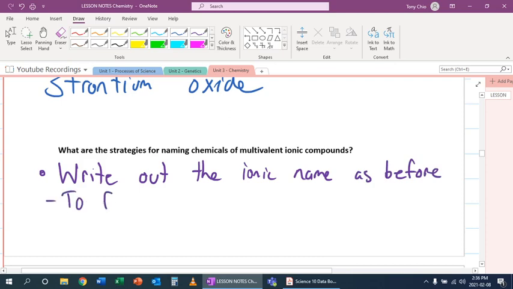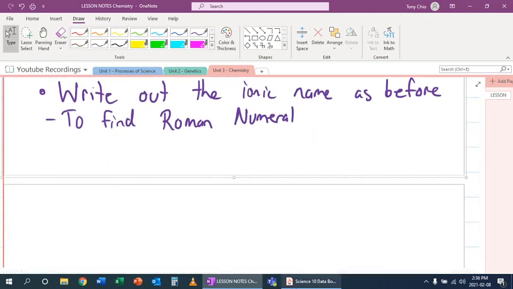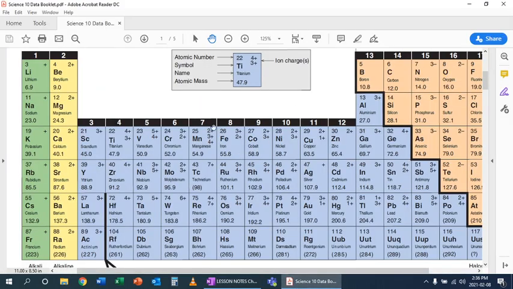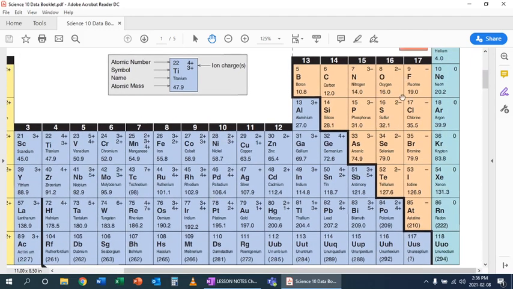To find the Roman numeral, we've got to do a bit of math backwards. How do we find that Roman numeral? Well, the metal's charge changes, right? Manganese has 3 charges, so because of that, we don't know which one it is. But what doesn't change its charge? The nonmetals. The nonmetals don't change their charge.